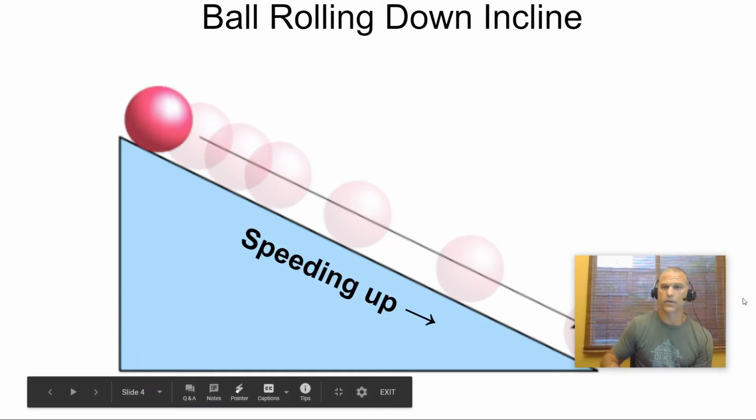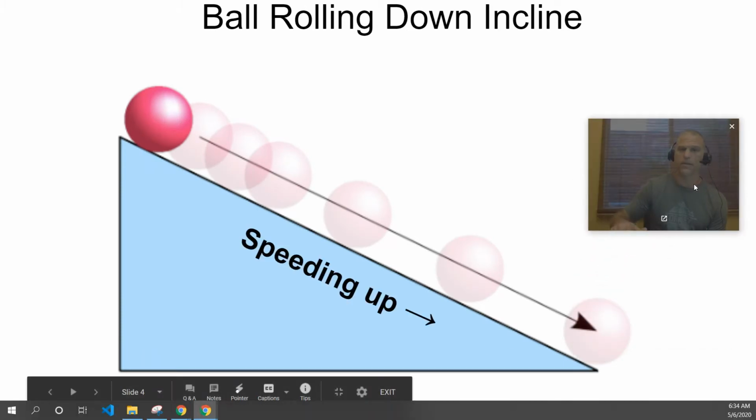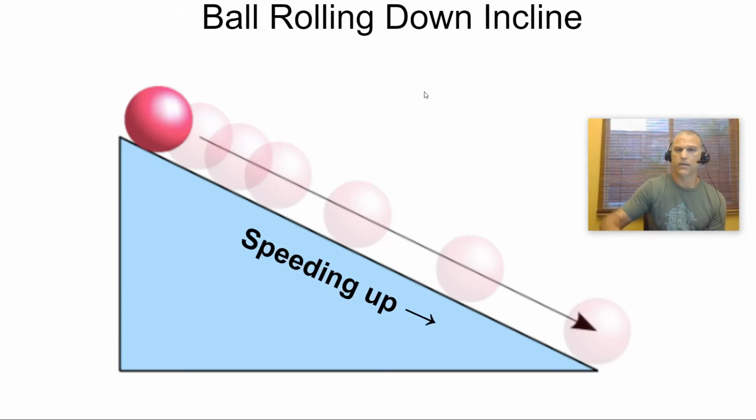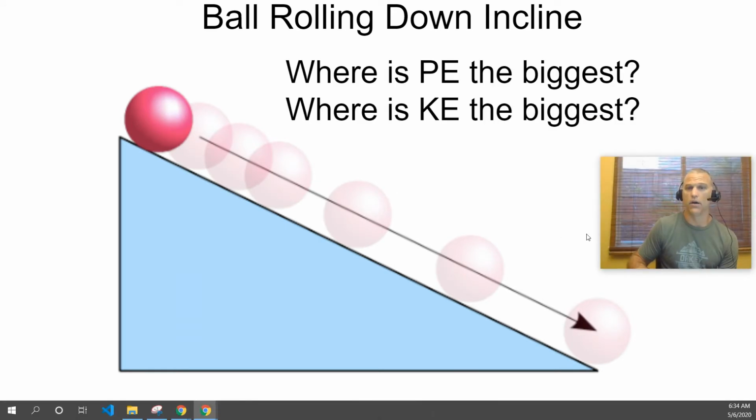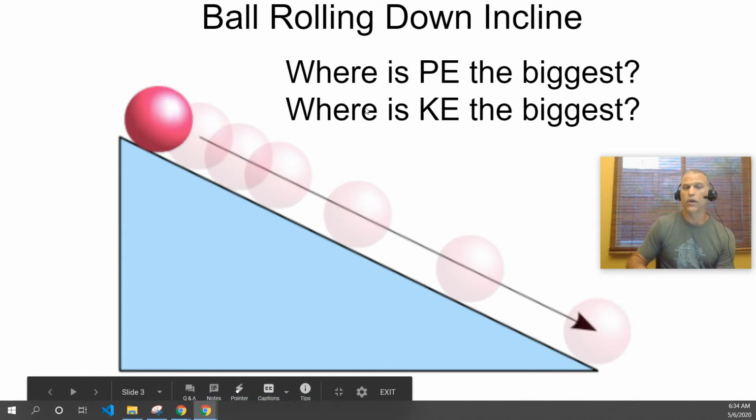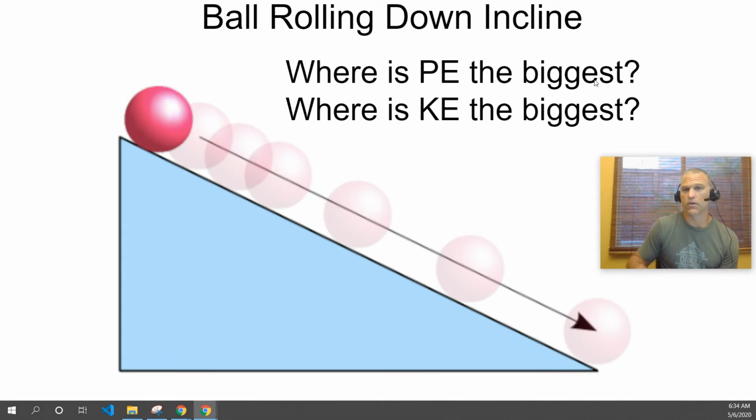The next one is a quick example. We have a ball rolling down a ramp or an incline. And the question is, where is the potential energy the largest and where is the kinetic energy the largest?